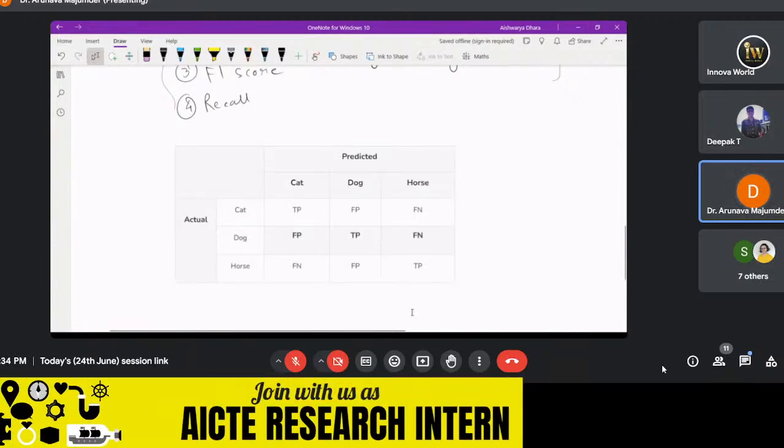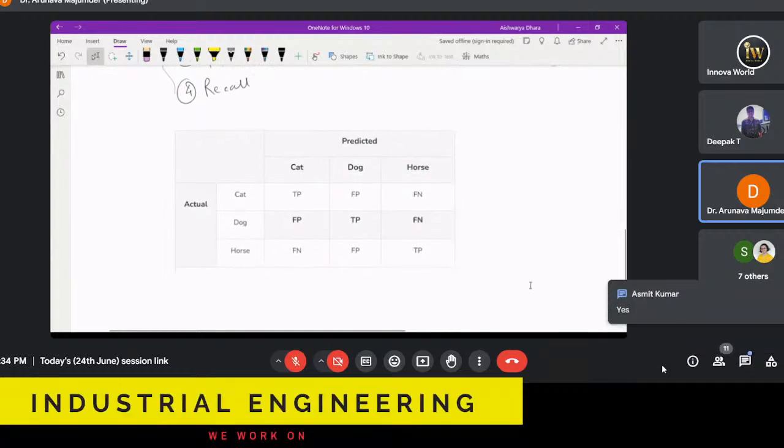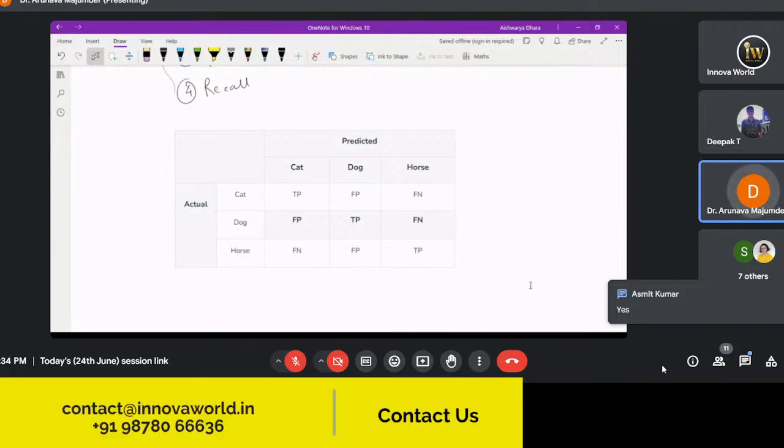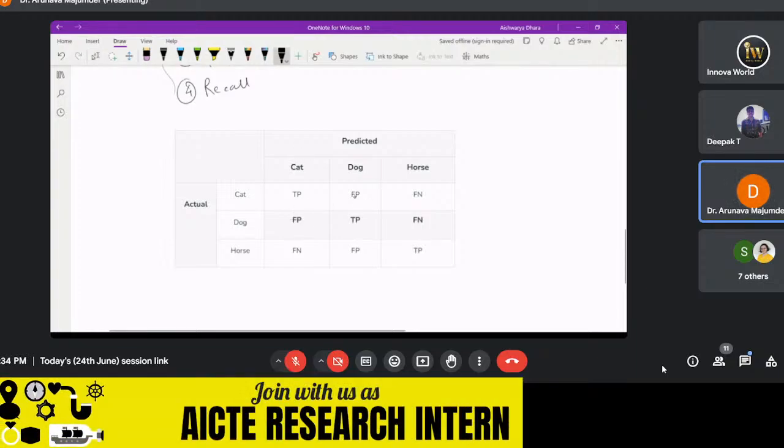Can you see the board? There are three categories: cat, dog, and horse. In that case, cat, cat is true positive; cat, dog is false positive; cat, horse is false negative. Dog, cat is false positive. You can see cat, dog and dog, cat are both false positive.